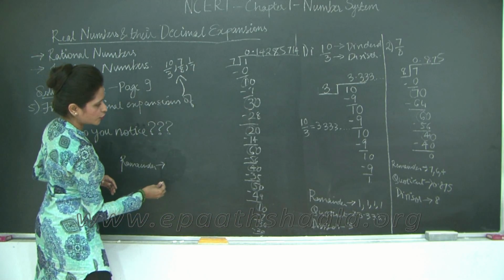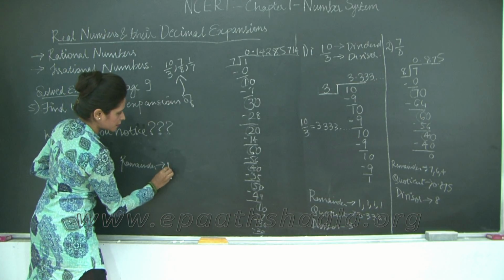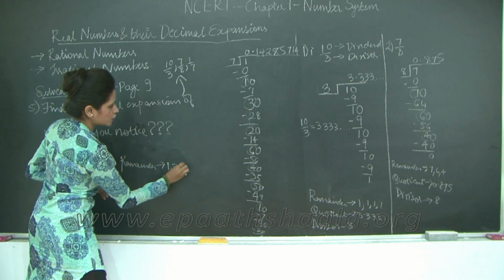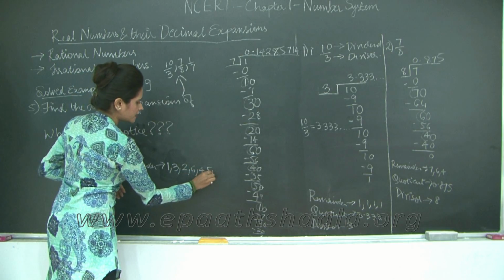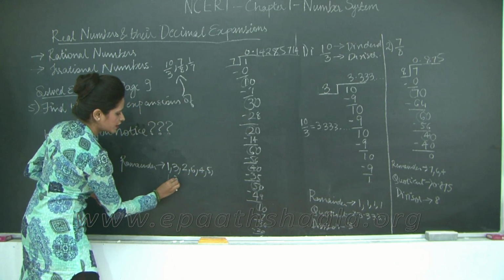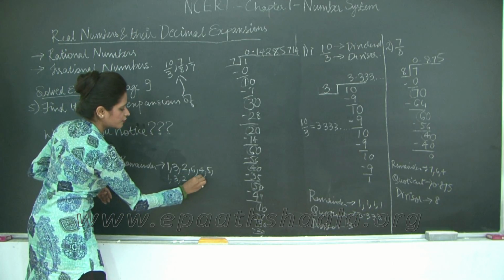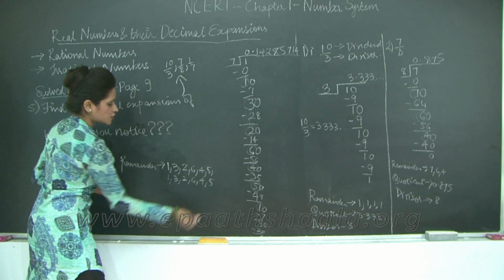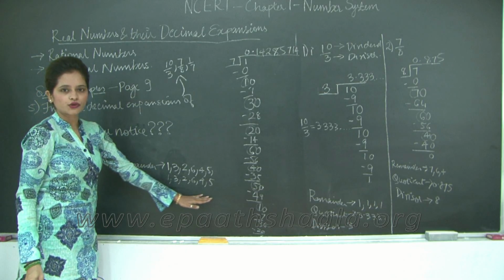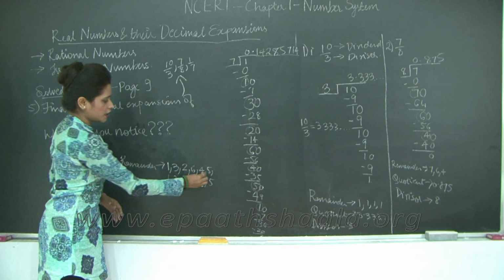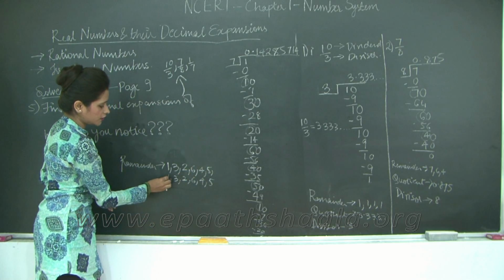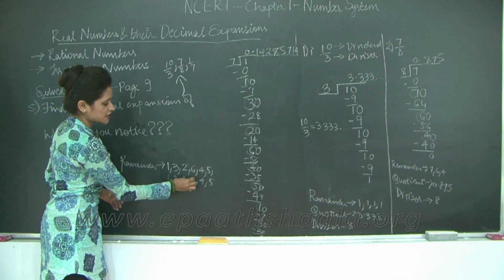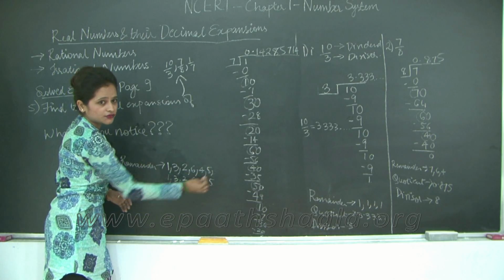So let me just write this. 1, 3, 2, 6, 4, 5. Then again 1, 3, 2, 6, 4, 5. So this sequence is going to repeat after we get 5 in the remainder, right? Again it will switch to 1, then 3, 2, 6, 4, 5, then again 1, 3, 2, 6, 4, 5.